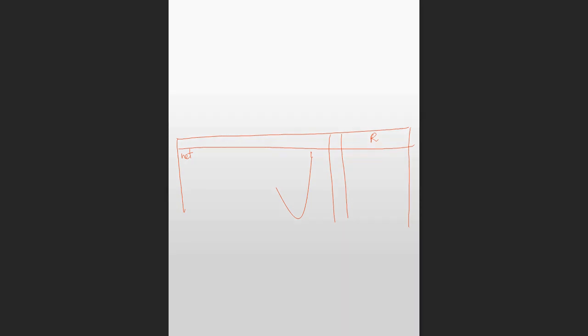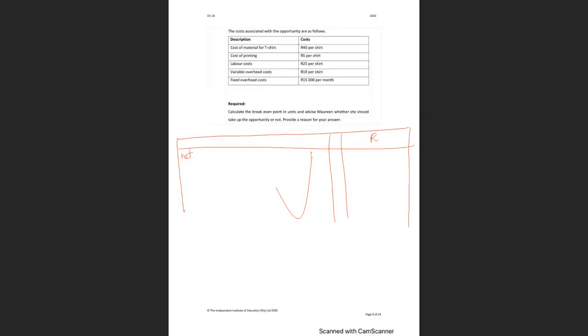Blackboard is so frustrating. And then minus your cost of your finished goods sold, which was the last item from note number 4, and that's going to give you the gross profit.